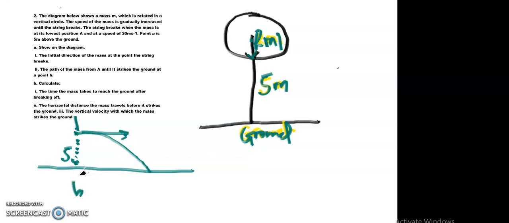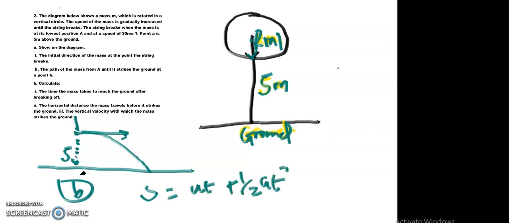To answer question B, we are going to use one of the equations of motion, s equals ut plus half at squared, because it seems that's what we have.